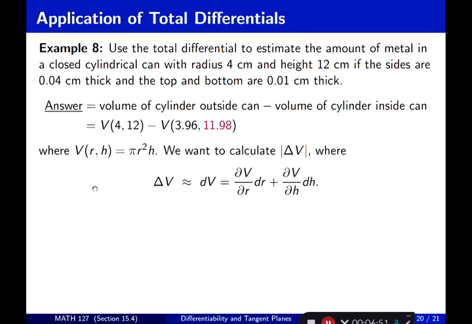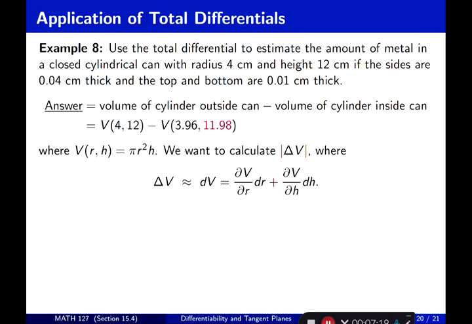Let's say the volume is a function of R and H, because R and H are changing, and that is pi R squared times H. We want to figure out the absolute value of delta V, which can be approximated by dV.